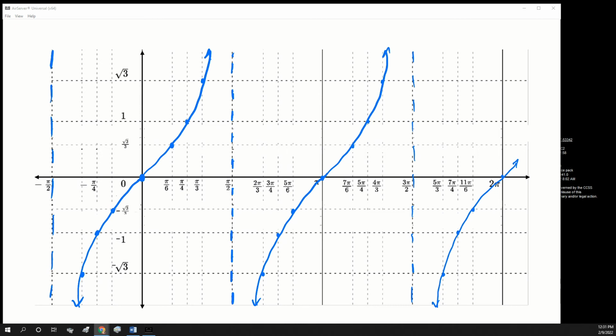Okay. And so if this is one period, it falls in between these two vertical asymptotes.